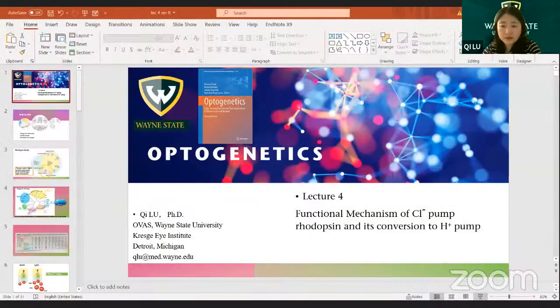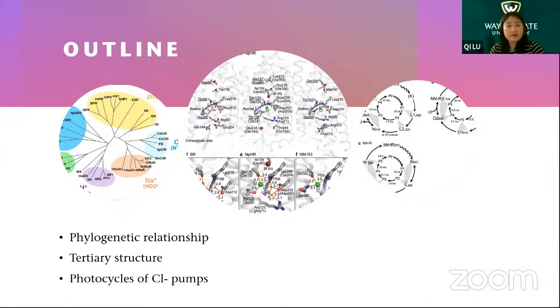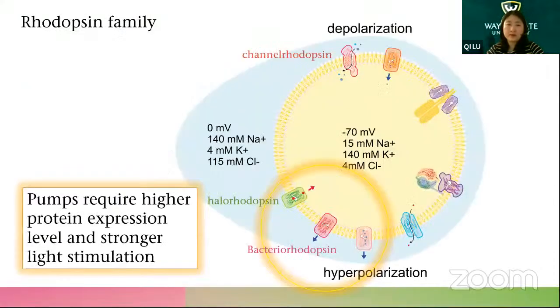Today, I'm going to move on to lecture 4, the functional mechanism of chloride pump rhodopsin and its conversion to a proton pump. Today's outline: firstly, we're going to talk about the phylogenetic relationship of different proton pumps and chloride pumps. Next, we'll focus on the tertiary structure of the pump and the photocycle of a chloride pump.